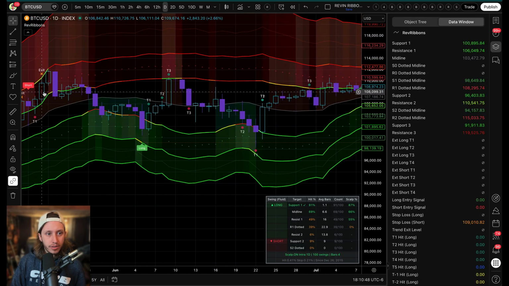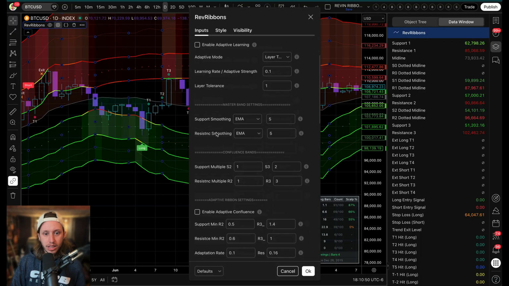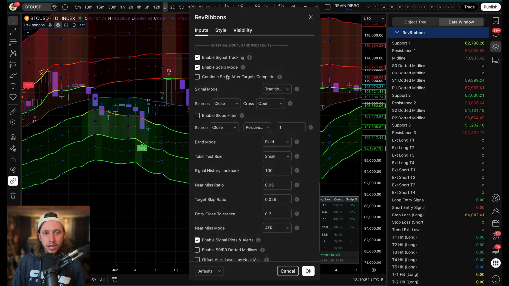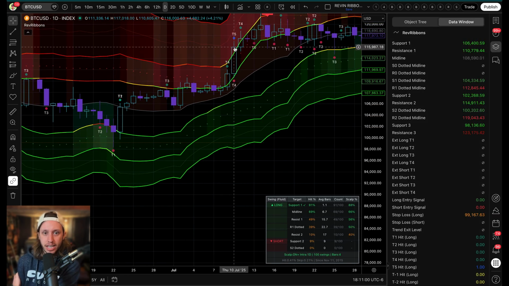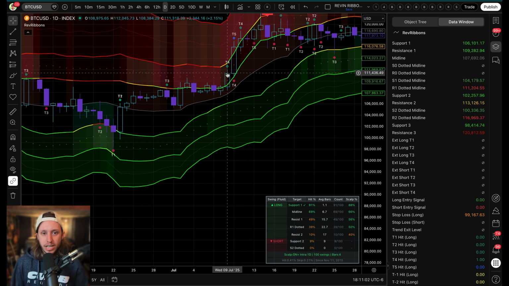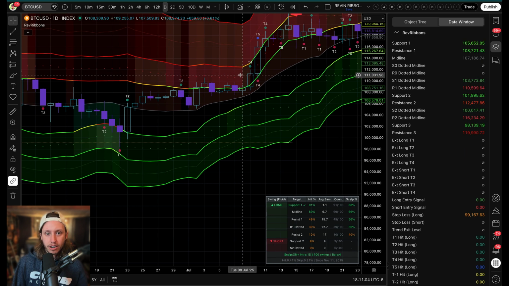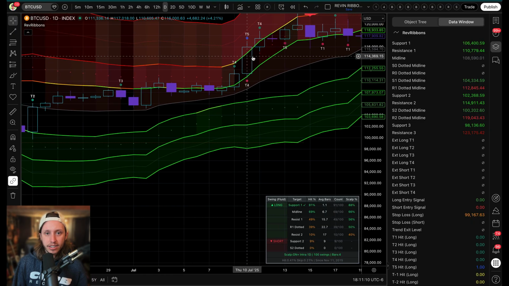The way that you can show that is if you let it continue scalping after targets complete, which will let the trade actually go. So you can see right here, target 5 was hit, and a re-entry for target 4. It hit target 4 there, re-entered here, which is just barely lower. Then it hit target 5 again, and target 4 was hit here.